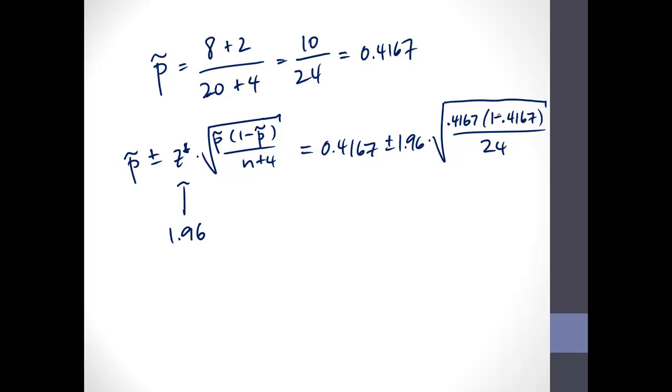Which is 0.4167 plus or minus 0.1972. Pretty large standard error there. Which is 0.22 up to 0.614.